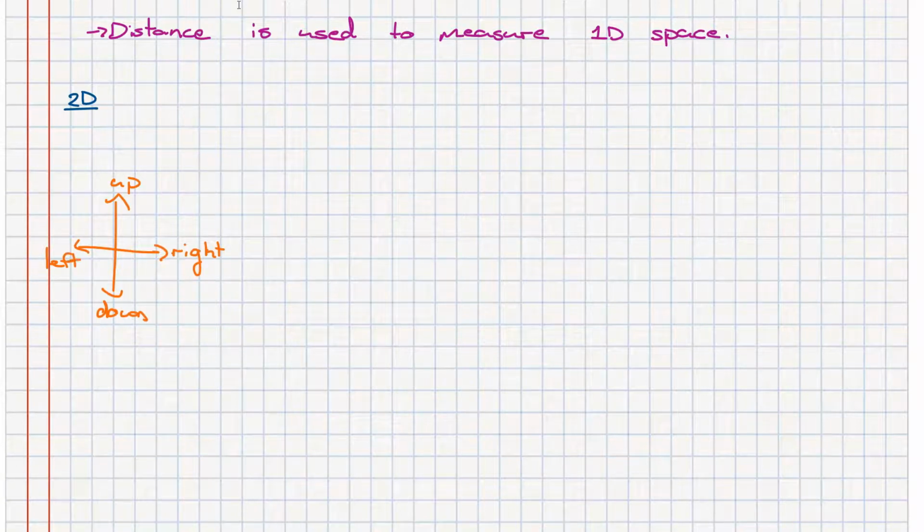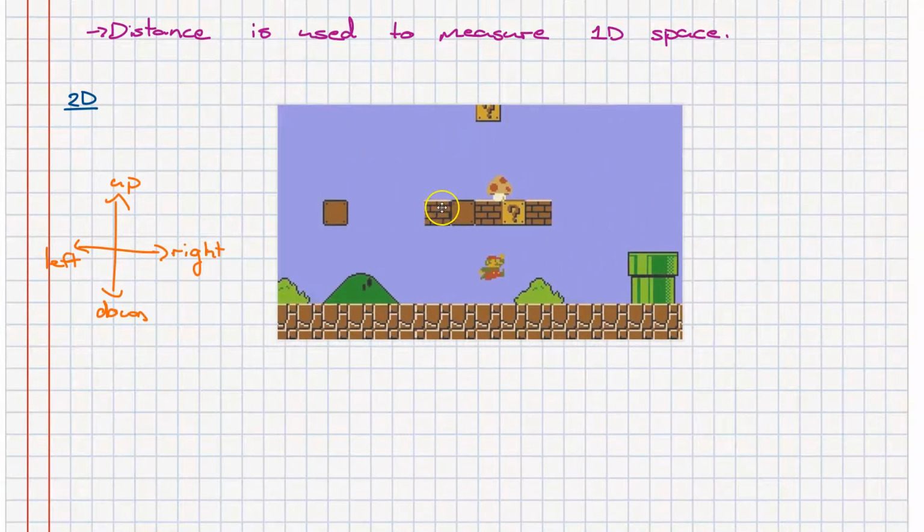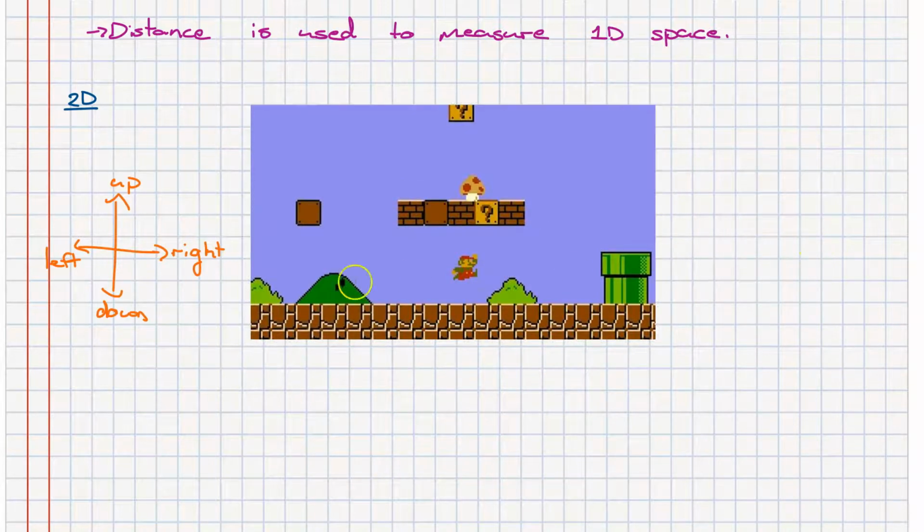So with these new degrees of freedom, let's draw an analog. If we're playing a two-dimensional video game, say for example Super Mario Brothers, we have this degree of movement where we can definitely go up, down, left or right. If we were going to define these directions of movement, then if we go up or down, we're moving along the y-axis, and if we go left or right, we're moving along the x-axis.